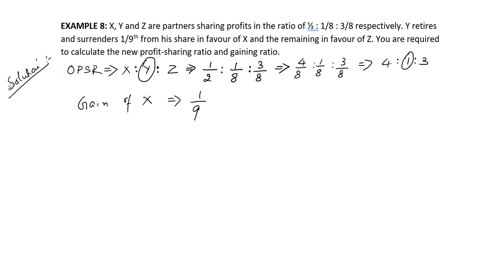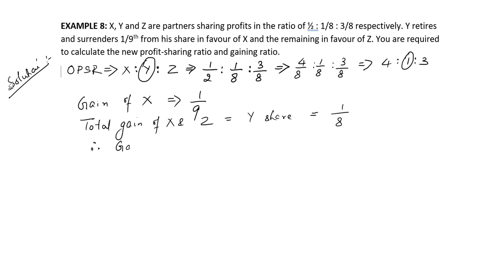and the remaining in favor of partner Z. So the total gain of both X and Z together is equal to Y's share, which is equal to 1 divided by 8. We have that the gain of X in this is 1 by 9.